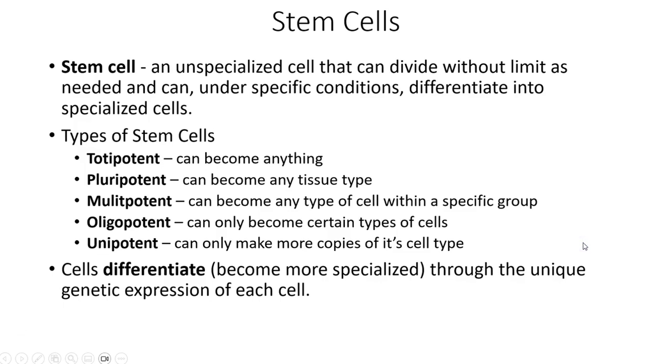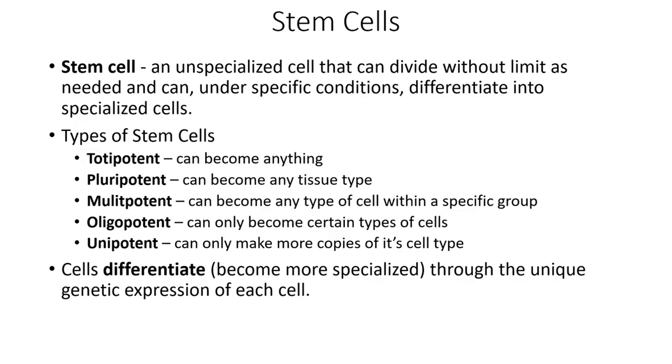So stem cells, by definition, are very unspecialized cells, so they're very general cells that can divide without limits as needed. So these are not the same thing as cancerous cells that divide without limits continuously.